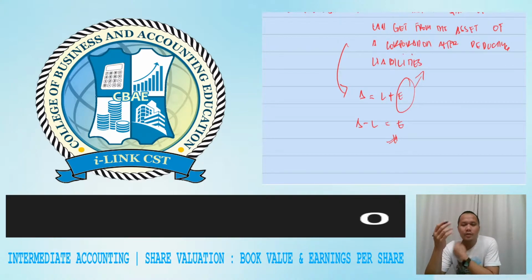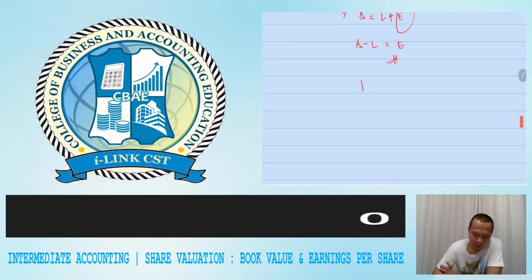As we all know, 'di ba, based on our previous discussions of intermediate accounting, when we talk about equity, equity is composed of many transactions or many accounts, 'di ba? So basically, what we mean by this is that in terms of a corporation, aside from the par value, magkano pa ba ang mapupunta sa isang shares of stocks?